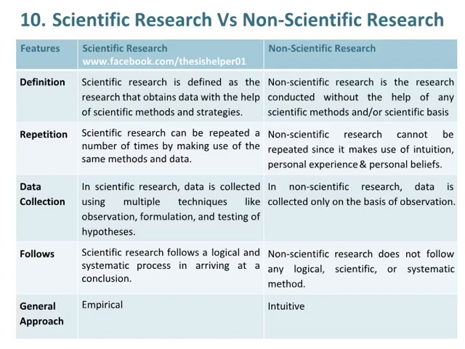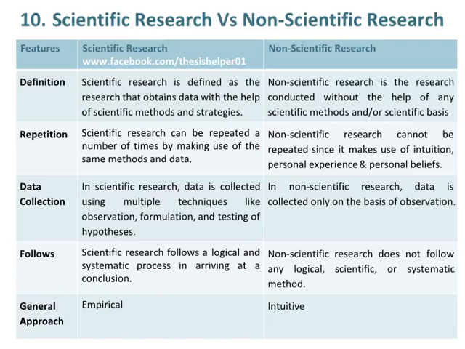Scientific research can be repeated a number of times by making use of the same methods and data, whereas non-scientific research cannot be repeated since it makes use of intuition, personal experience, and personal beliefs. In scientific research, data is collected using multiple techniques like observation, formulation, and testing of hypotheses, whereas in non-scientific research, data is collected only on the basis of observation.